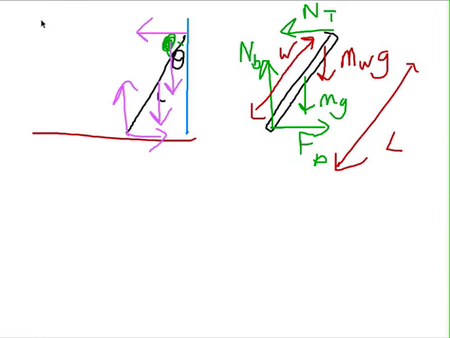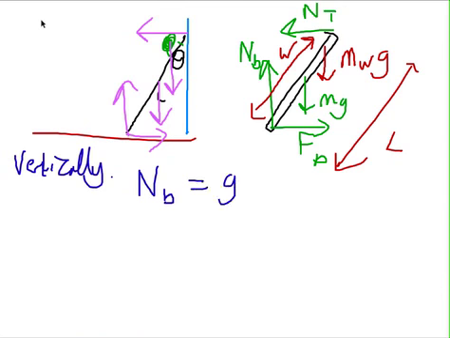So how do we solve this? Well, as usual for statics problems, we balance forces and we balance torques. So let's balance forces. So vertically, upward force, there's only one, which is the normal force at the base. So that must equal G times the two masses, the mass of the ladder, I call that ML, and the mass of the window cleaner.